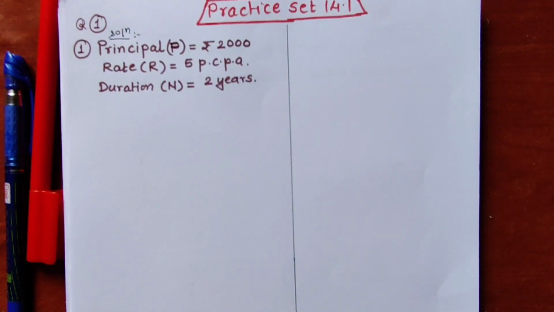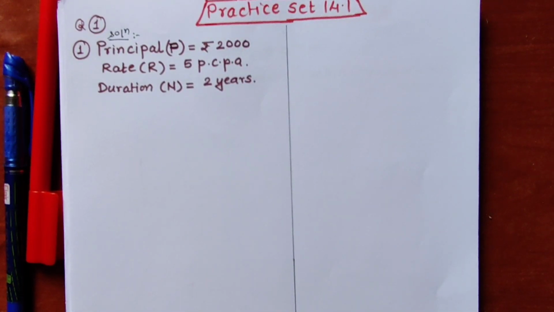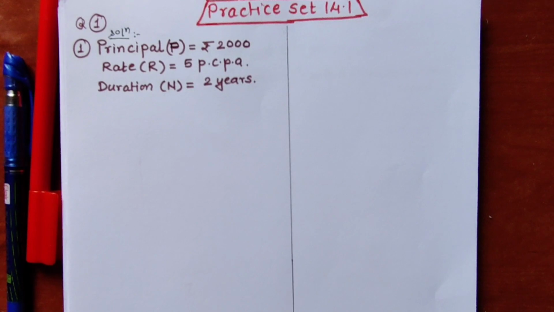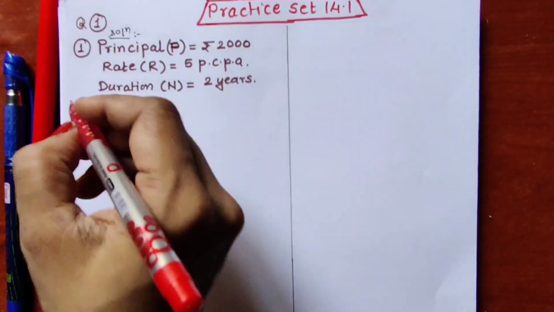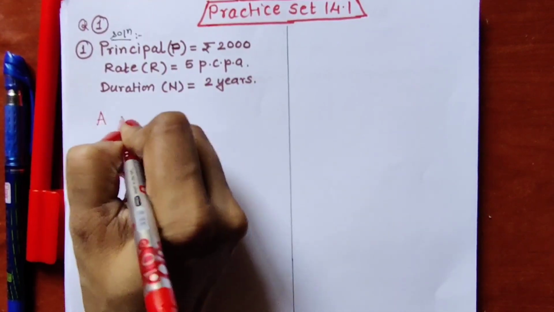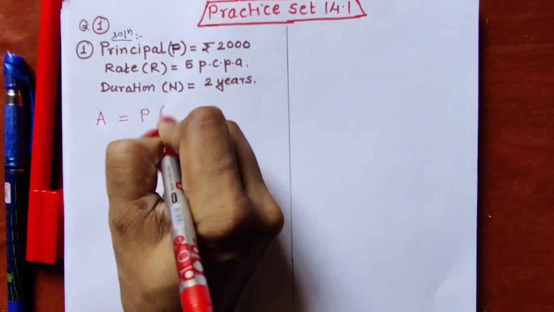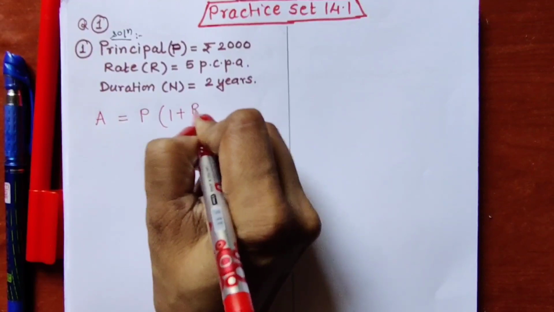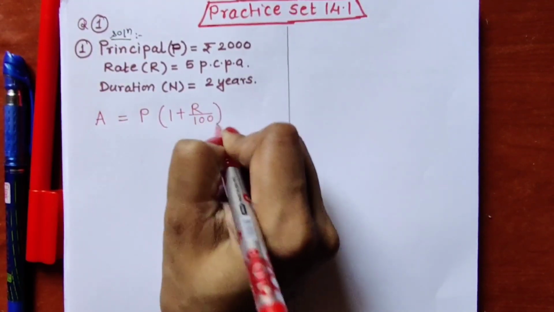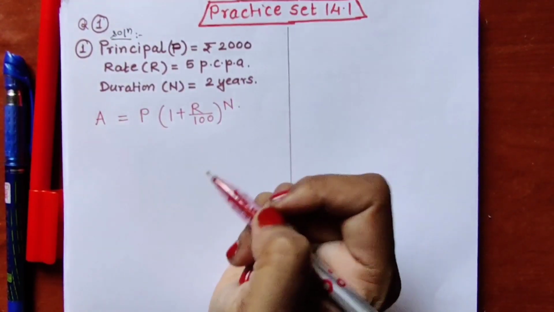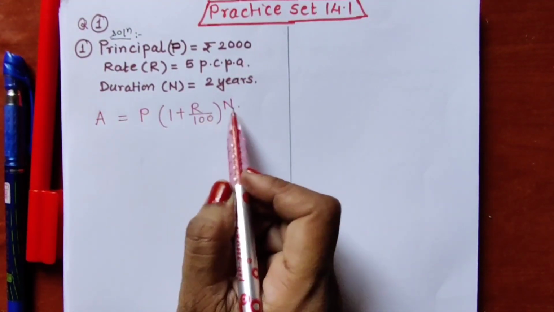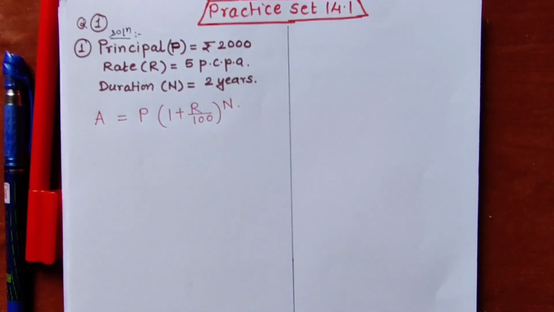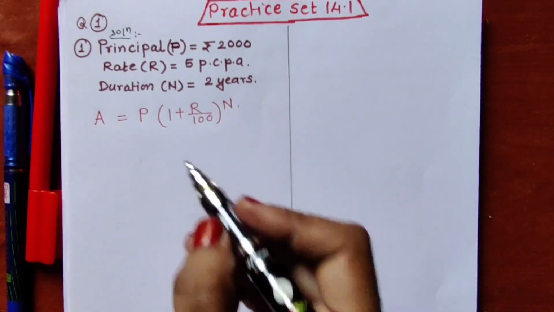Now we will be applying the formula. Let us write the formula. A is equal to P times bracket 1 plus R upon 100 raised to n. This is the formula of amount. Now we will be substituting the values.